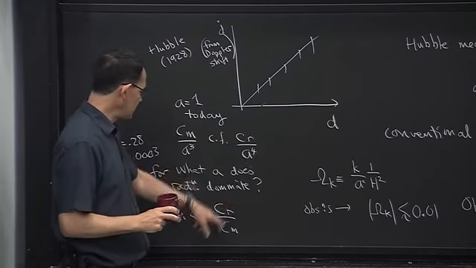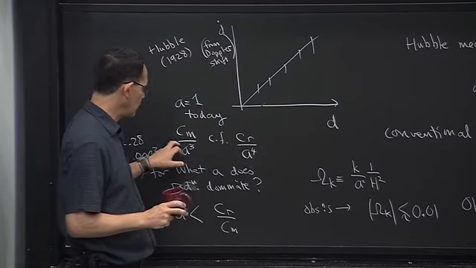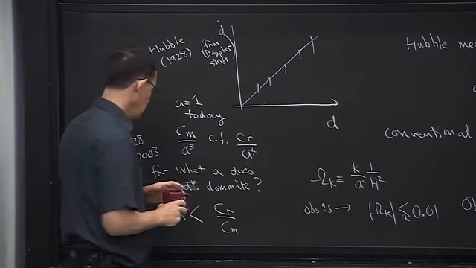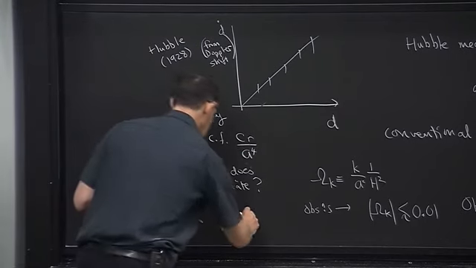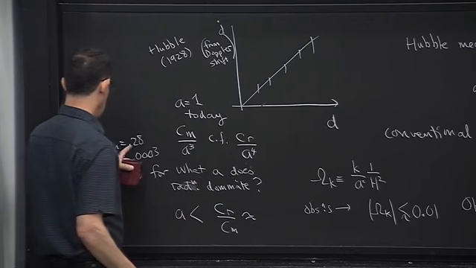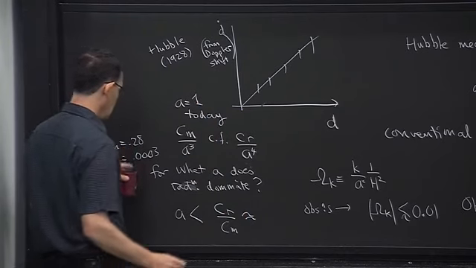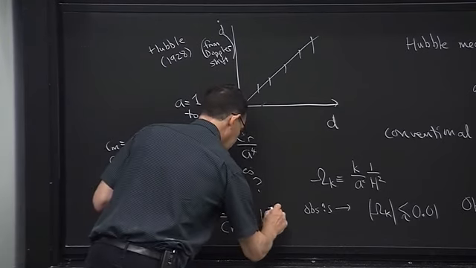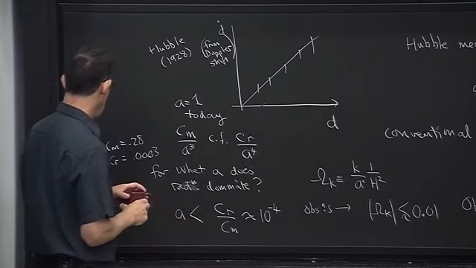If a is less than CR over CM, then this one will dominate over that. Now, CR over CM is approximately, divide this by that, we get 10 to the minus 4. I hope.